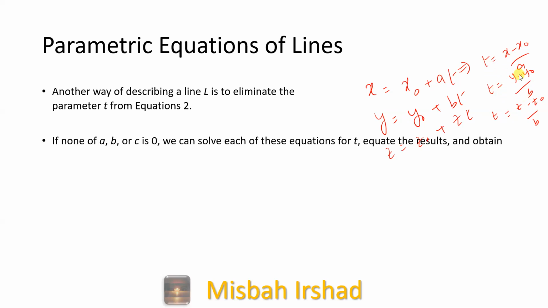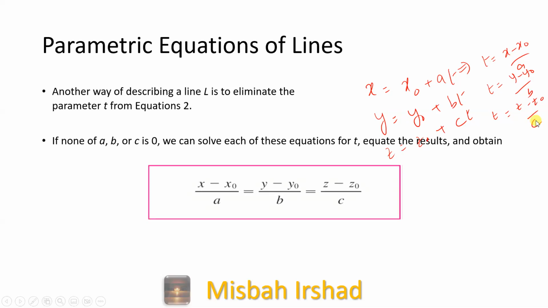So if a, b, and c are all non-zero, then we can write this line in this form: x minus x naught over a is equal to y minus y naught over b is equal to z minus z naught over c, and all of these are equal to t. This is valid for non-zero values of a, b, and c.